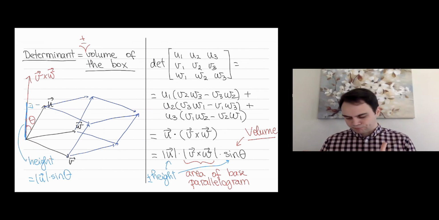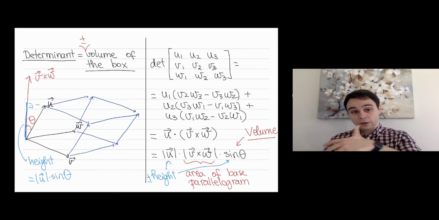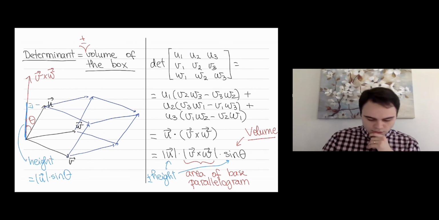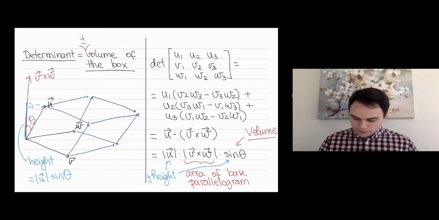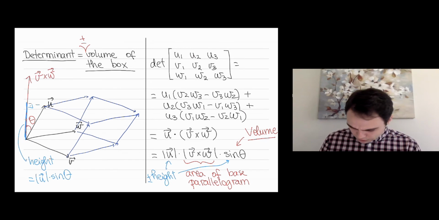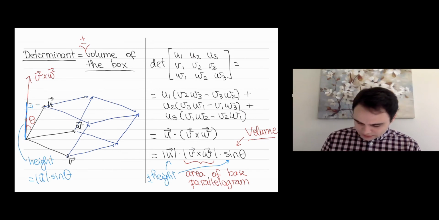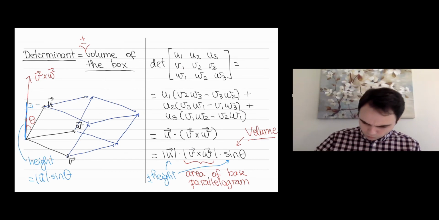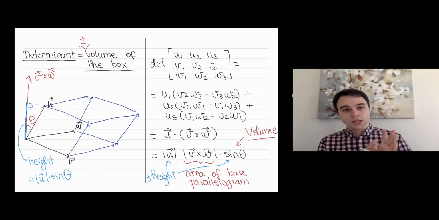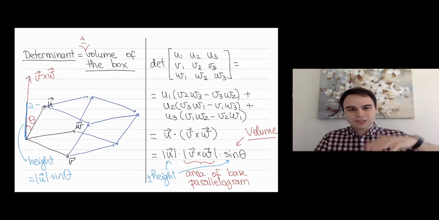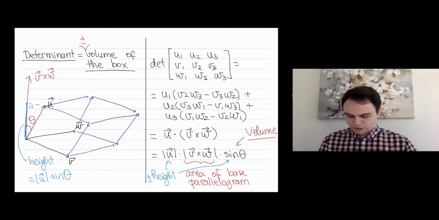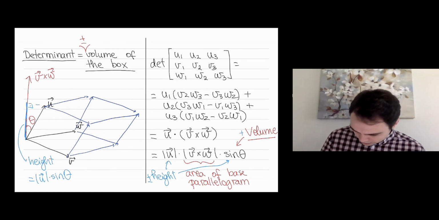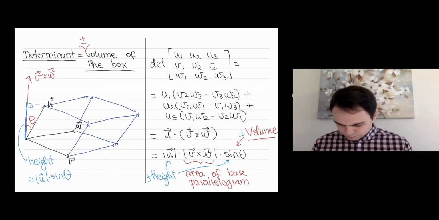And for that big angle, the sine of the small angle and the big one differ by a sign. So that's why u times sine theta is plus or minus the height. It's going to be plus if u and v cross w live on the same side of the plane spanned by v and w. So that's why this gives us plus or minus the volume.